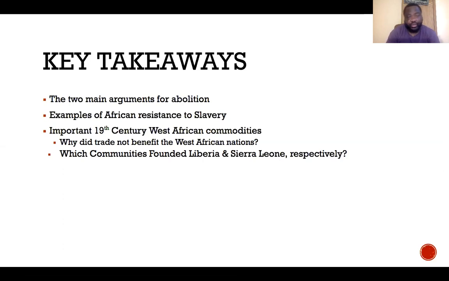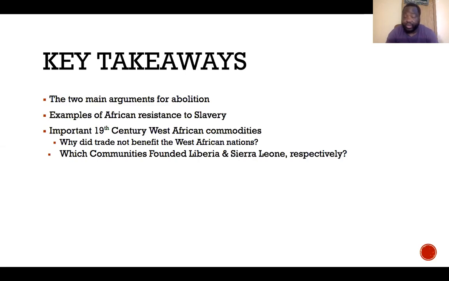Imported 19th century West African commodities: when the move was made away from the transatlantic slave trade, what goods and commodities were important to the communities? We spoke about several of them: gum arabic, palm oil, groundnuts, and other things.